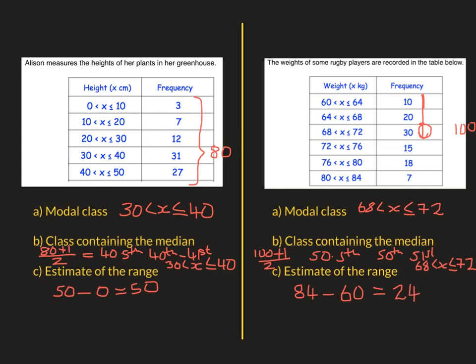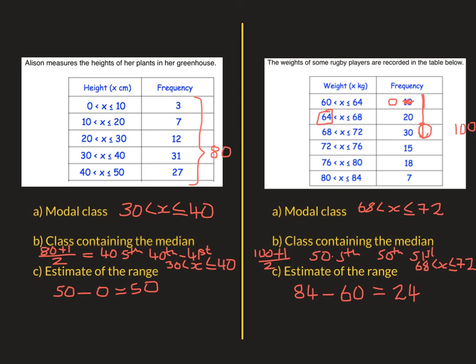Please be aware, and this is a mistake that people made in the last lesson, if, for example, this frequency up here had been 0, then what is the minimum that anyone could have weighed? Well, because I've not got anyone in that class, the minimum anyone could have weighed would have been 64.